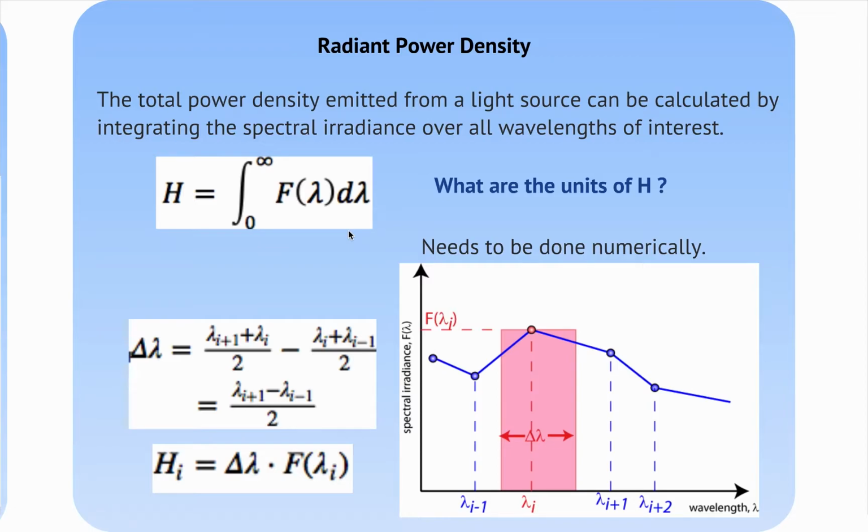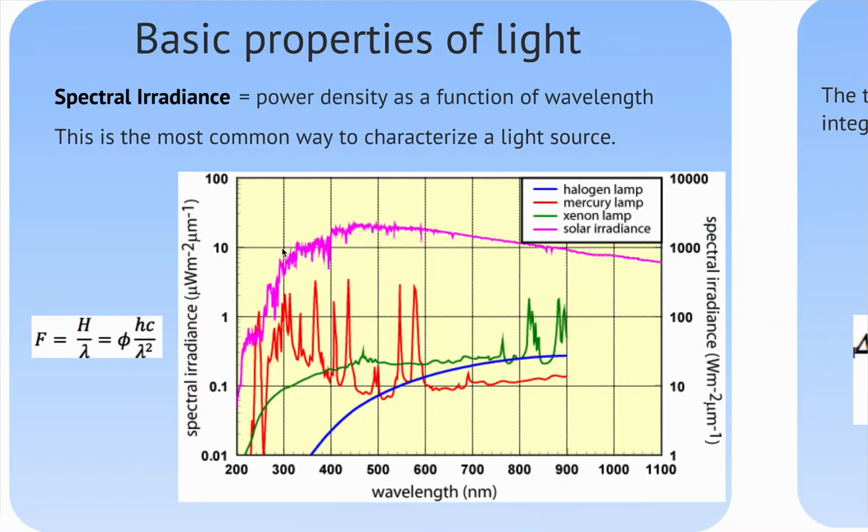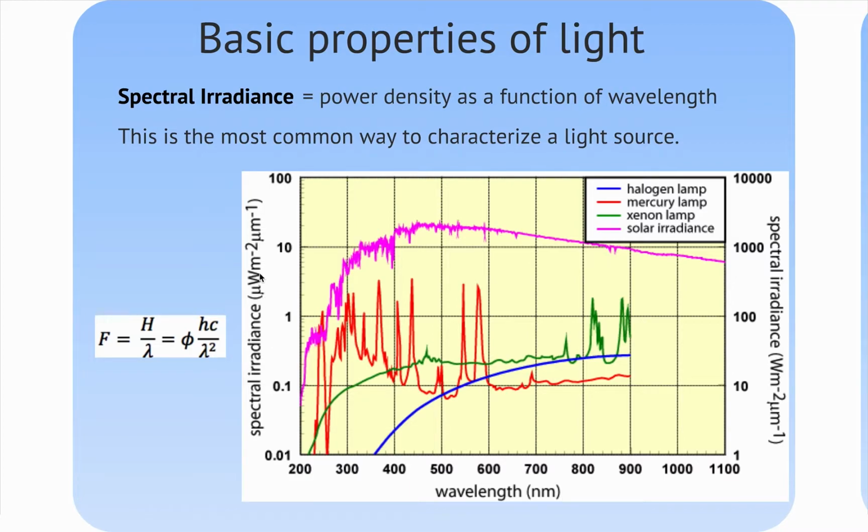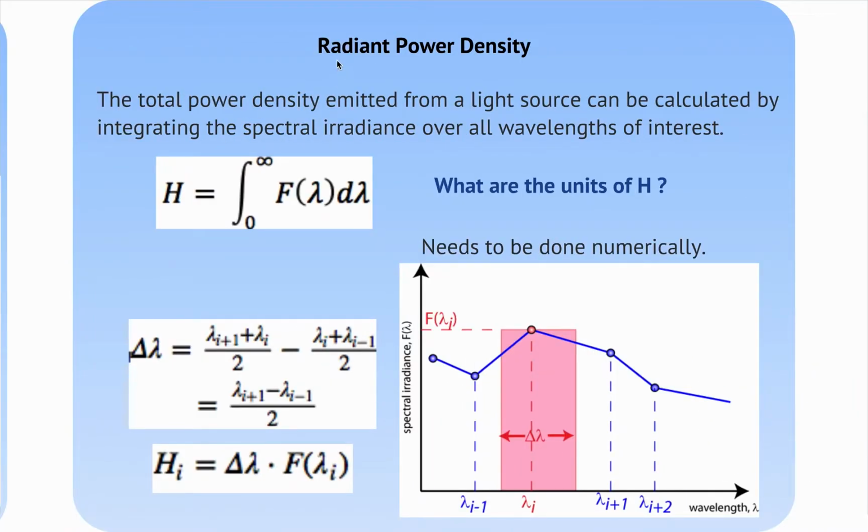So you take watts per meter squared per micrometer multiplied by micrometer. Those micrometers cancel out. What do you end up with? Just watts per meter squared. So the dimensions of radiant power density is, as you expect, watts per meter squared. That's power density. Everything is consistent.